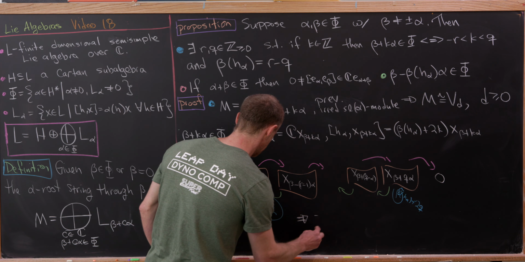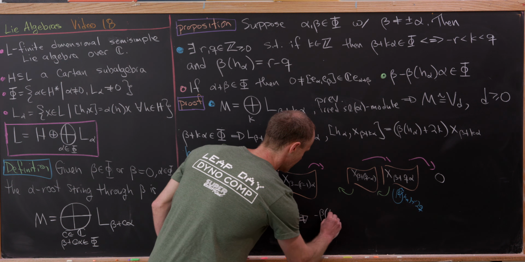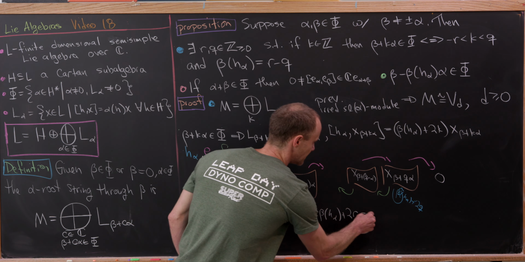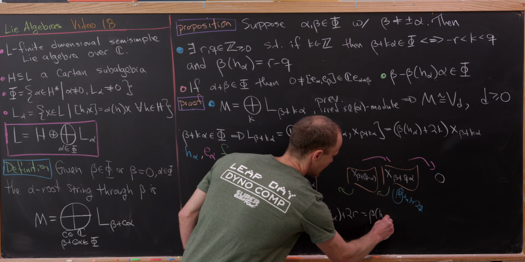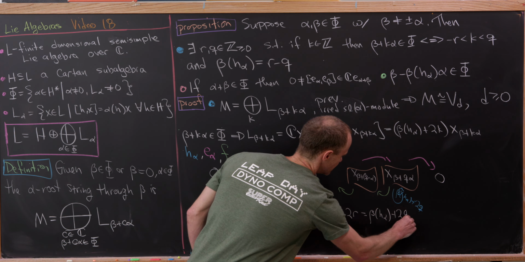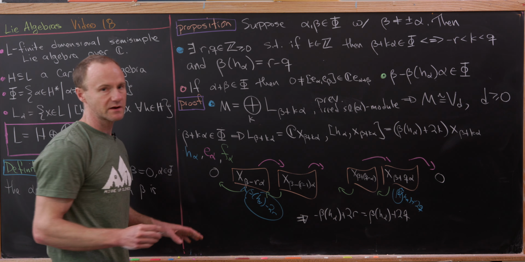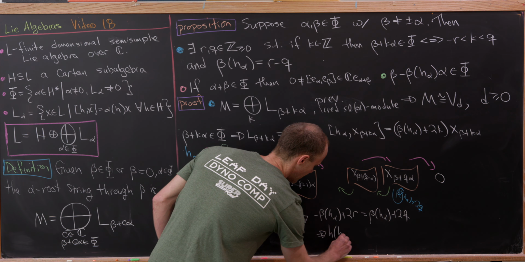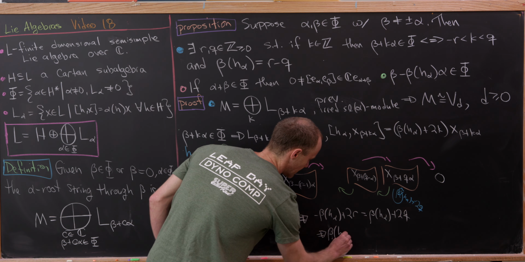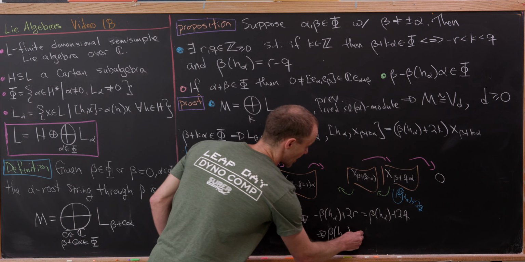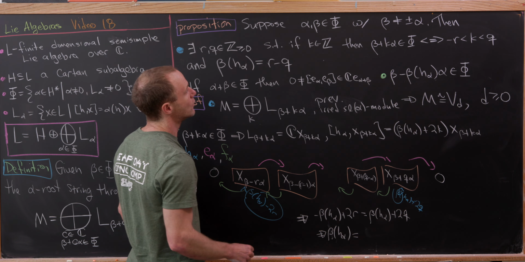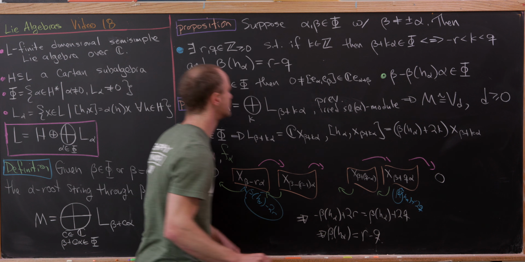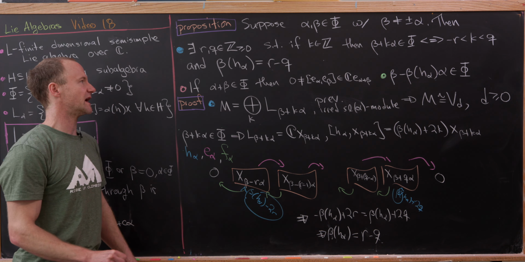In other words, negative beta of h alpha plus 2r must be equal to beta of h alpha plus 2q. But then we can move some things around there and pretty easily solve for beta applied to h alpha. And we'll see that beta applied to h alpha is indeed this number that we were going for here, r minus q.